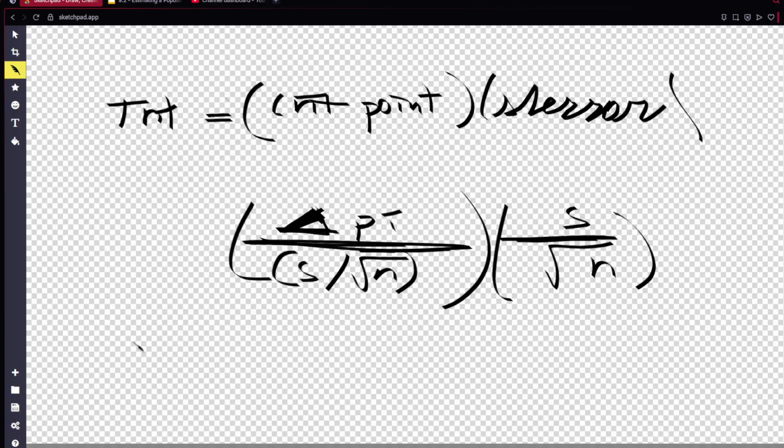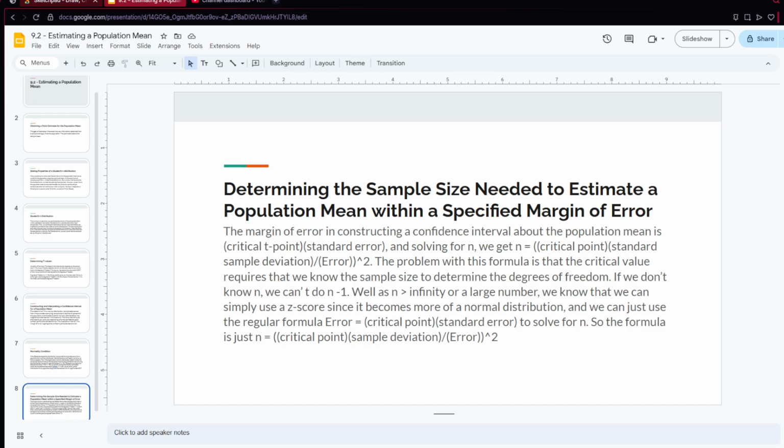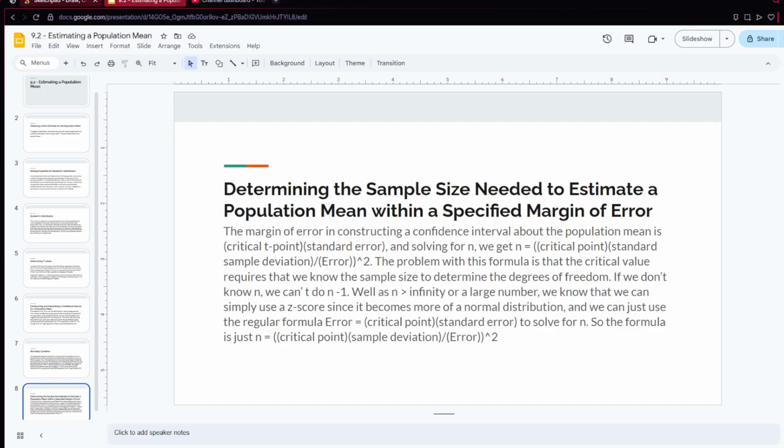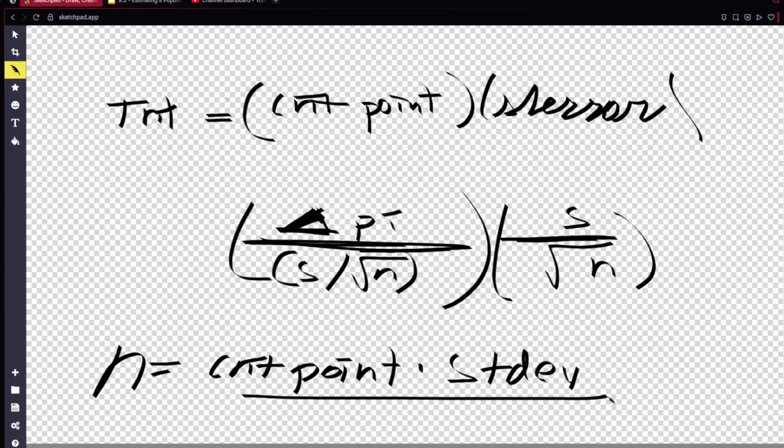And if we rearrange and find n, which I'm not going to do algebraically because I don't feel like working that much, n equals the critical point times the sample standard deviation, because of the normality condition, divided by the error, all squared.